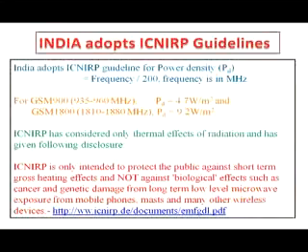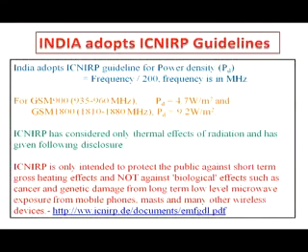Now let's see what India has adopted from the ICNIRP guidelines, which is equal to frequency divided by 200, where frequency is in megahertz. For GSM 900, it comes to 4.7 watt per meter square. For GSM 1800, we took 1840 as the in-between value, which comes to 9.2 watt per meter square.